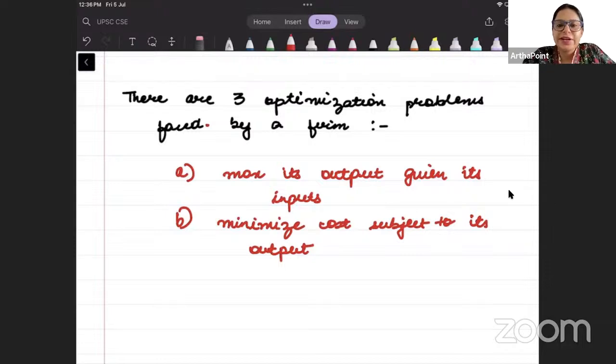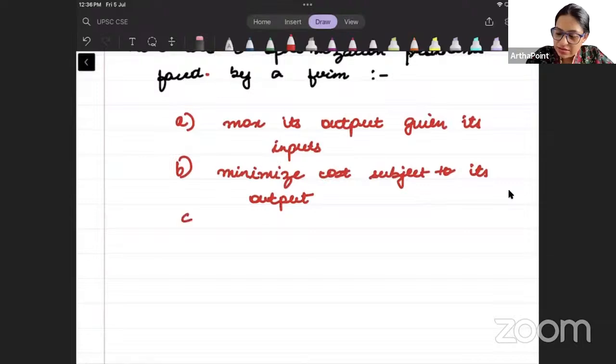For example, if I tell you I want to produce 100 units of output, what is the minimum money in which I can produce those 100 units? That is the next thing the firm can decide.